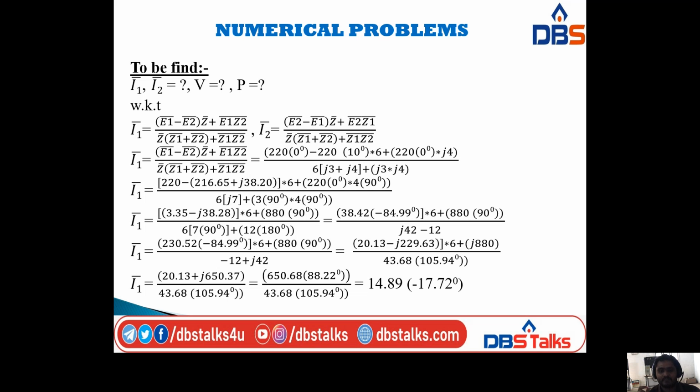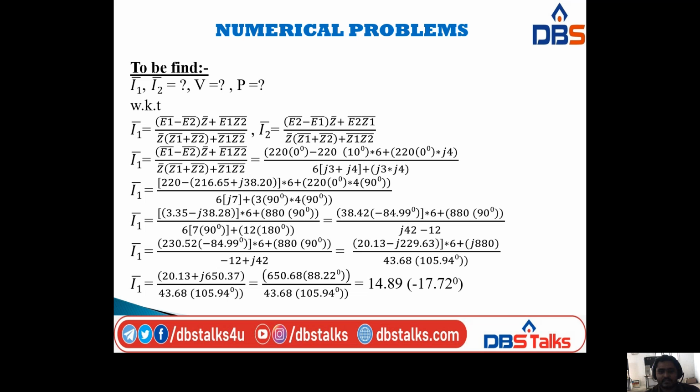We have the polar form, that is 650.68 at an angle of 88.22 degrees divided by 43.68 at an angle of 105.94. After simplifying this one, we have 14.89 at an angle of minus 17.72 degrees. This is the I1 value for the given problem. So this is the solution for I1.